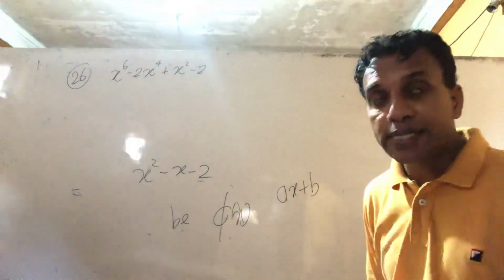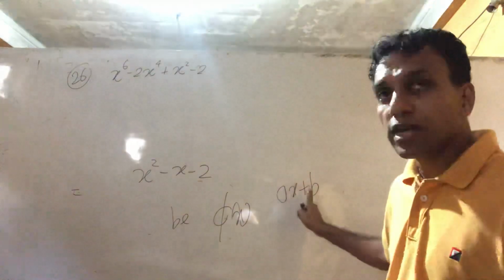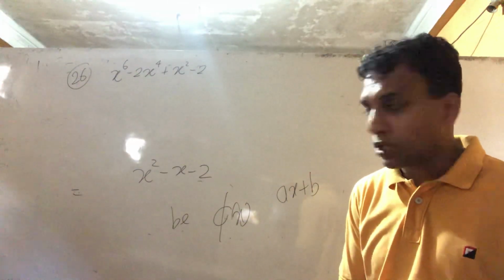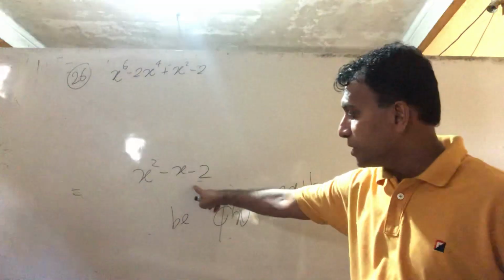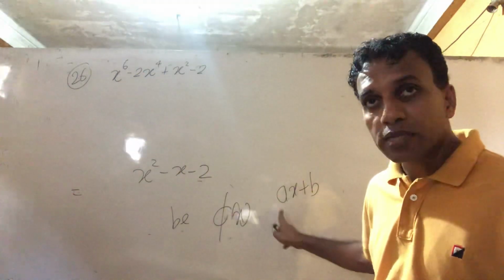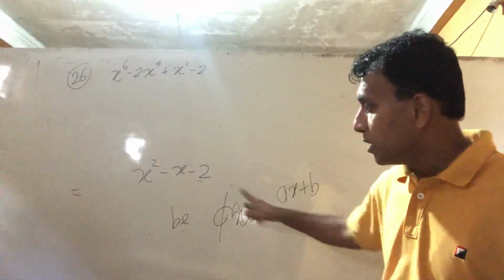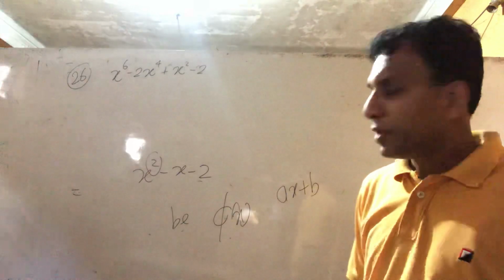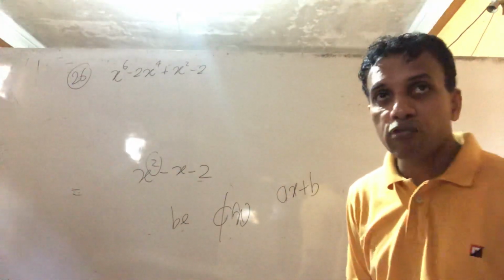For every problem you will write these terms as explanation. When divided by this, we say the quotient is this, the remainder is this. How the remainder? This pattern. Divided by a quadratic polynomial, the remainder is a linear form, right?